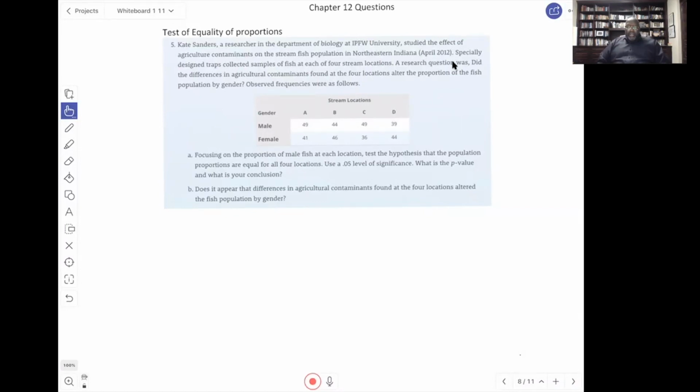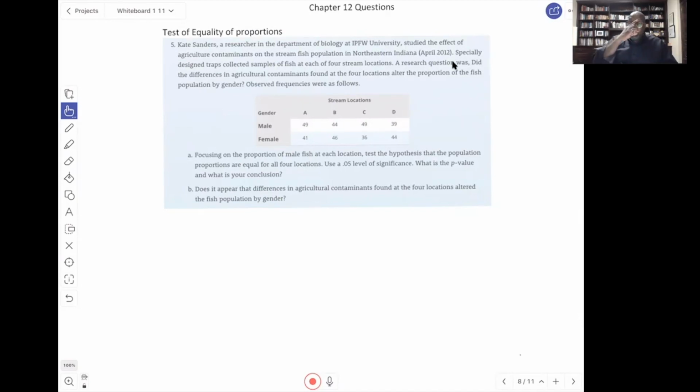Now, if you look at these numbers, 49 and 41 is 90. So basically we have 49 out of 90. That's more than 50%. We have 44 and 46, which is also 90. 49 and 36. I'm just looking at the different locations, the total of male and female. So basically they just collected all the fish and then checked which ones were male and which ones were female.